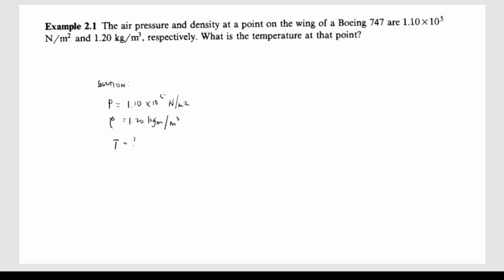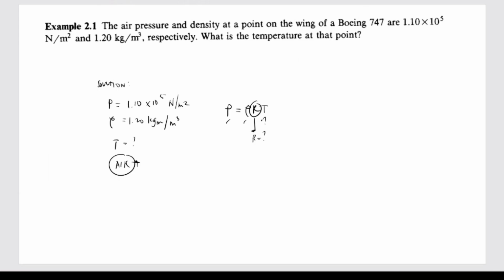The temperature is unknown, and your fluid is air. So with that, automatically, the equation you will use is the equation of state. You have a given pressure, a given density, an unknown temperature, and the specific gas constant of air.